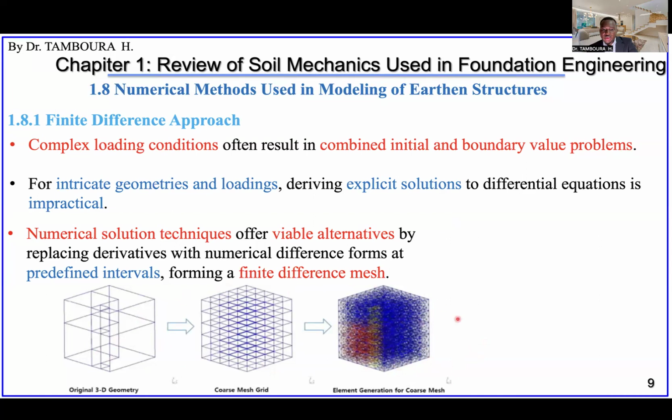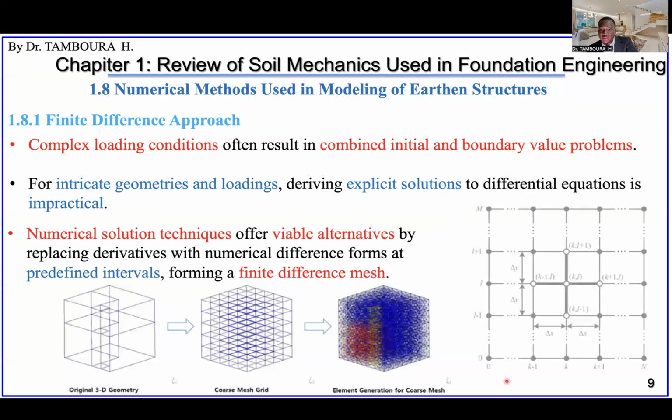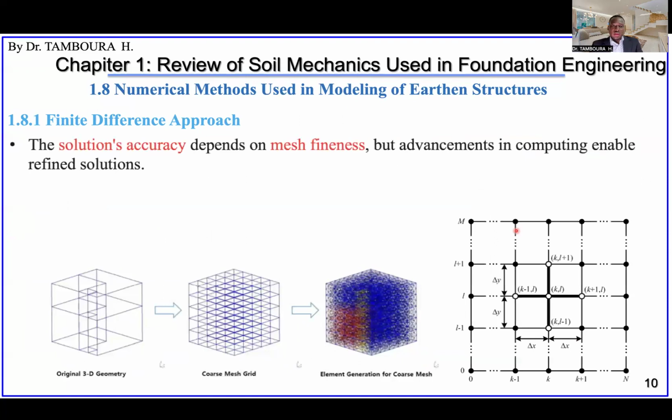As you can imagine, you can do this in a computer also, but the secret is just dividing the whole model, the whole geometry, into small pieces, and then you study each of them, each piece. Okay. So the solution's accuracy depends on the mesh fineness. Do you understand?